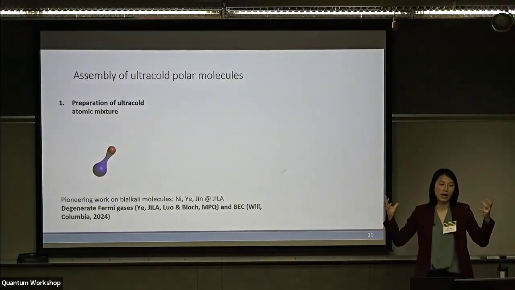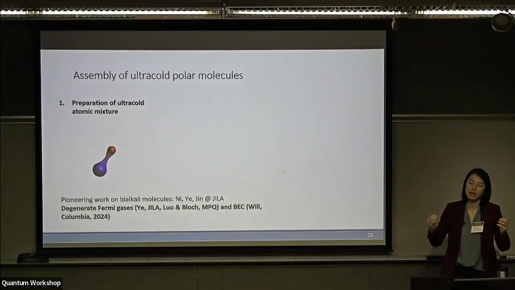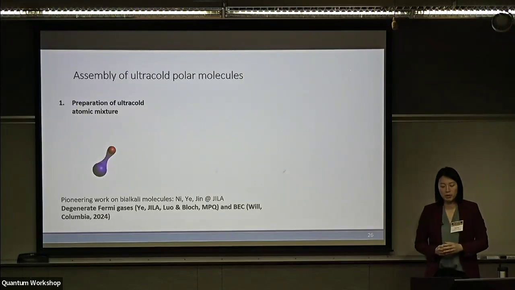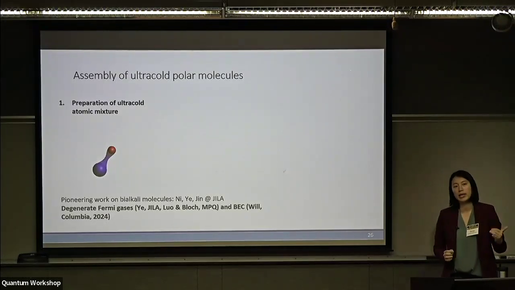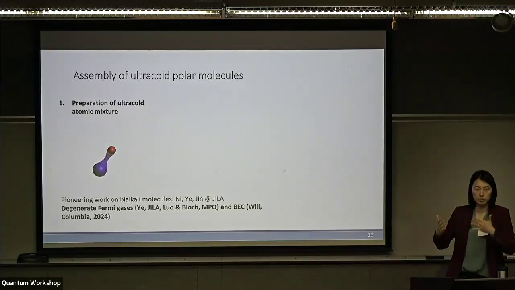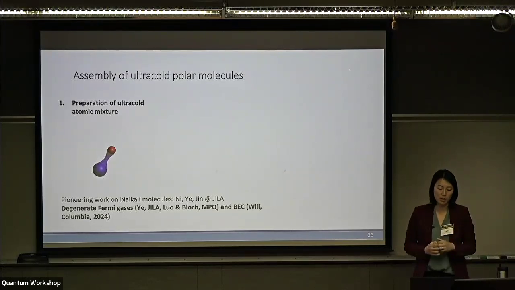And the way that we create these polar molecules is a little bit distinct from cold atoms, but heavily inspired by the technology. Direct laser cooling of molecules is tricky and has been done to varying degrees of success, but only for very specific classes of molecules.